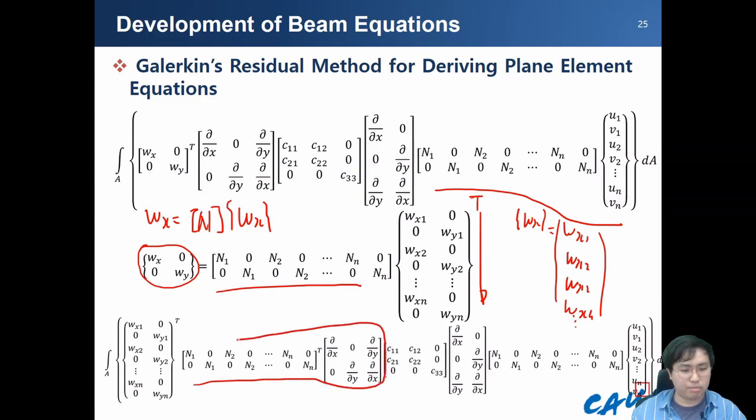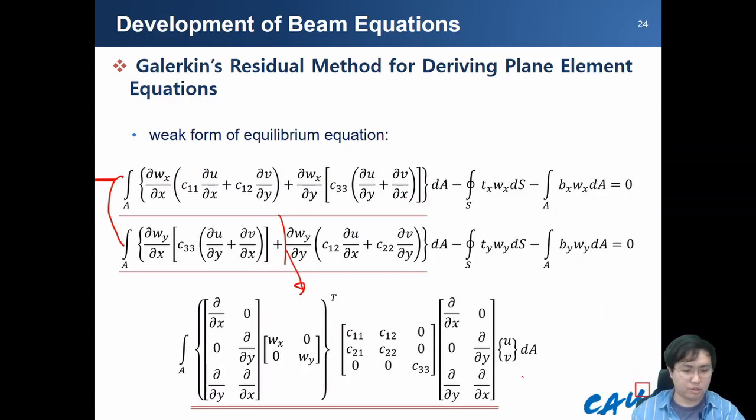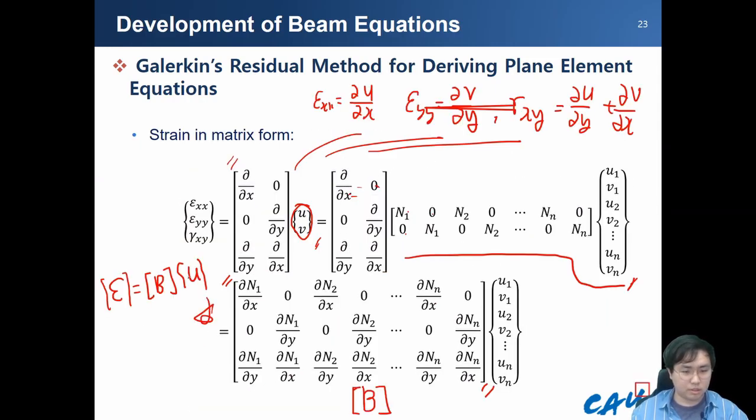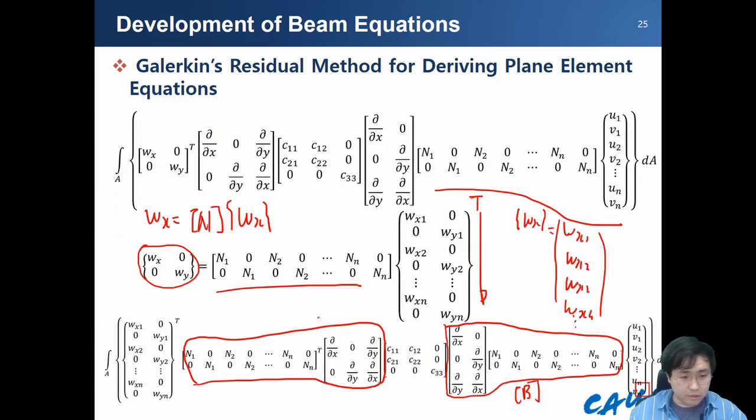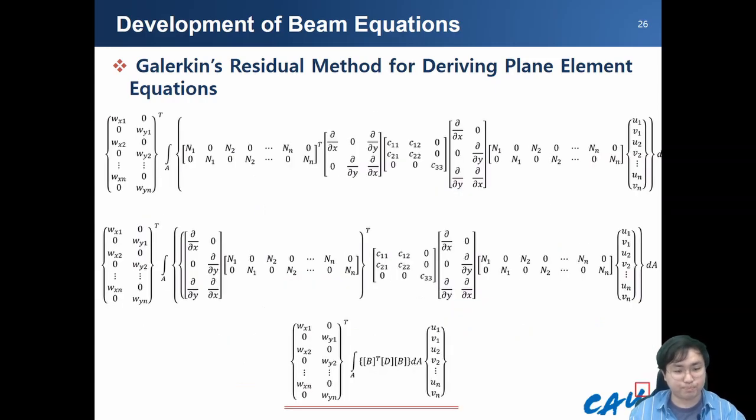And also here, we already know this part's result. What is this? This part results in the B matrix from the previous slide. Similarly, although their form is slightly different, the result is also similar: the transpose of the B matrix.